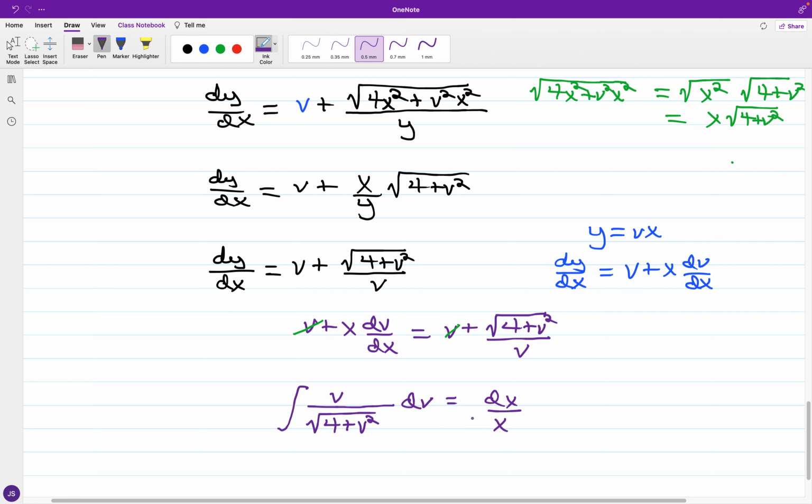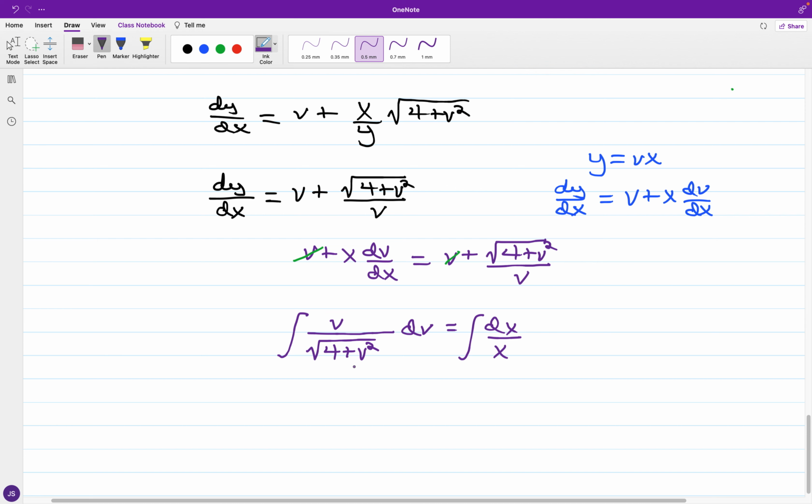And if we integrate over both sides, and if I were to apply u substitution, okay, again, we have u is equal to 4 plus v squared, and du is equal to 2v dv.